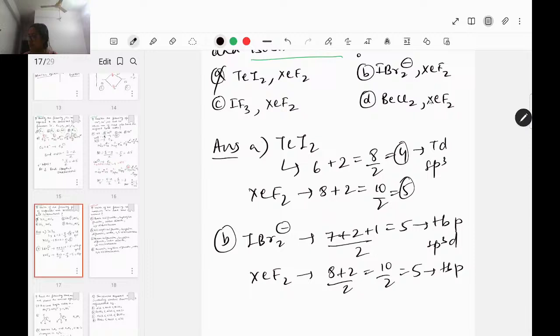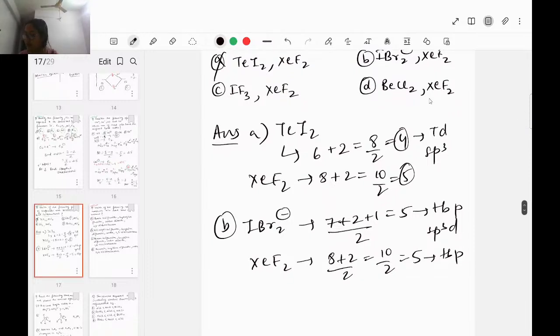So is it isoelectronic? Yes, isoelectronic, because in IBr2 minus, you can clearly see that TBP, they are both forming the same structure. They are both sp3d hybridized, and the central atom has 7 valence electrons, the bromine also contributes 2 electrons and it is minus 1.